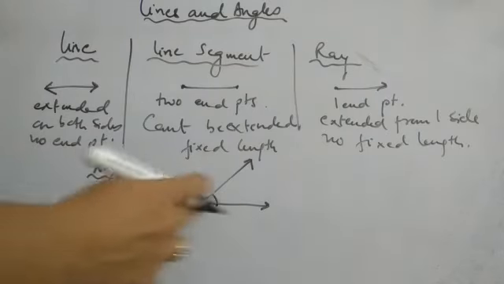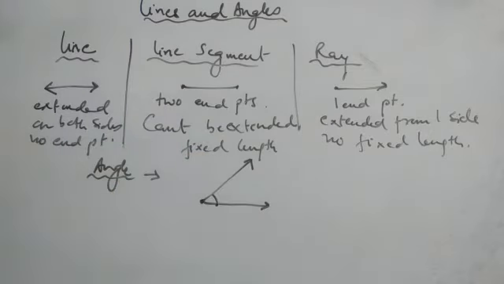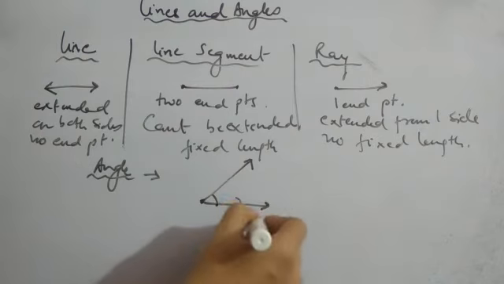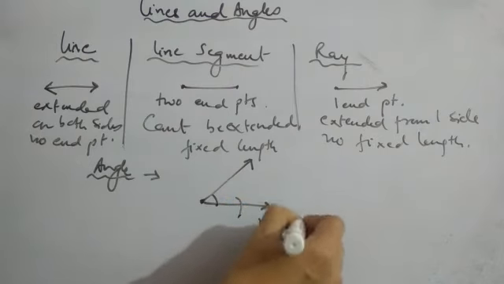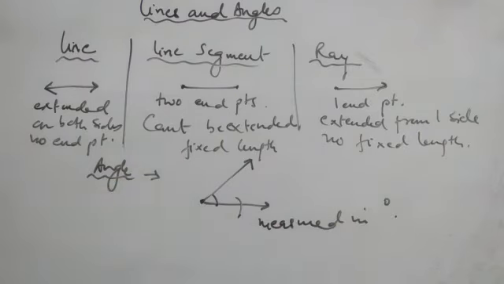When two rays have the common vertex, then that figure is called an angle, and it is measured in degrees. Now we will be studying the types of angles for solving the sums in this chapter.